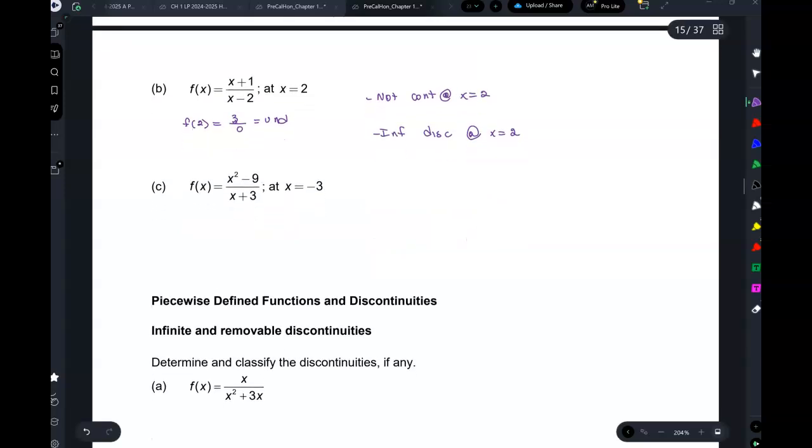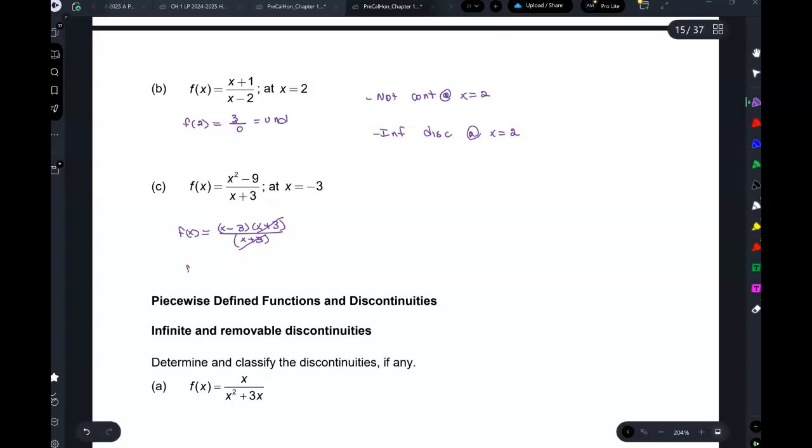All right, take a look at this one. Yeah, this one's a removable discontinuity, right? Because f of x is equal to x minus 3, x plus 3, over x plus 3. These go away, okay?